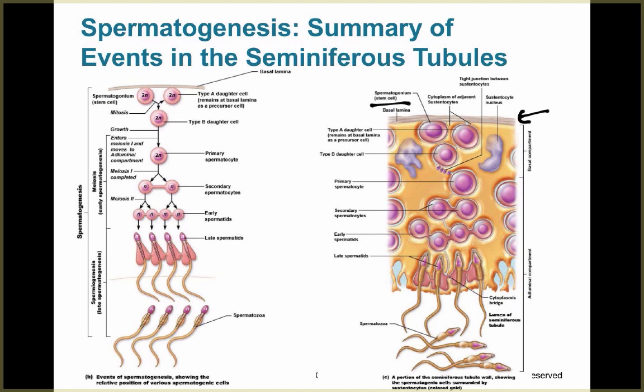These spermatogonia are the stem cells. And basically right here is where mitosis happens. So you can see these line up with each other. So they're going to undergo mitosis. And they are going to divide basically into daughter cell A or daughter cell B.